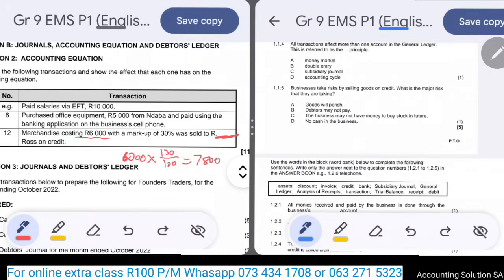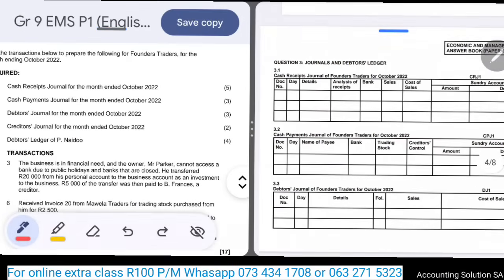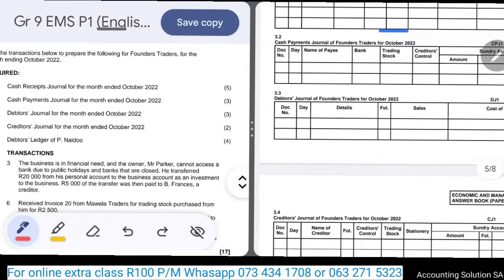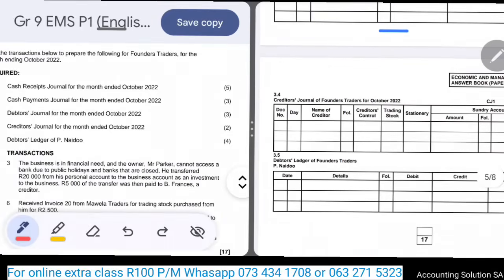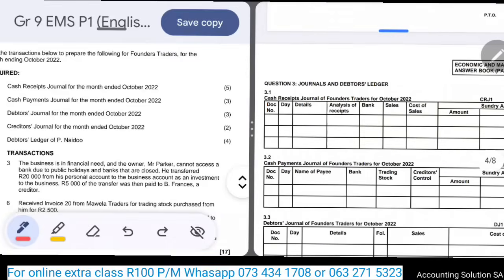Then the next question, question 3, we were required to prepare cash receipts, cash payments, debtors journal, creditors journal and the debtors ledger. Okay, we are going to do that.